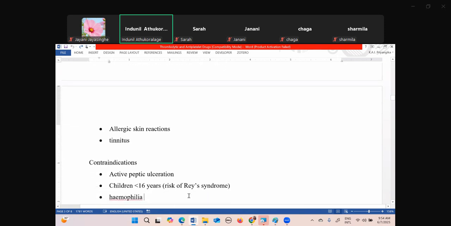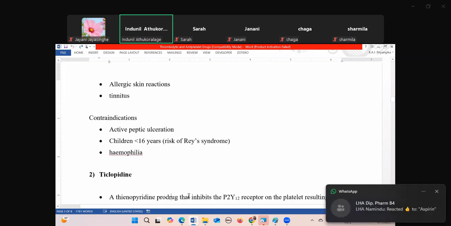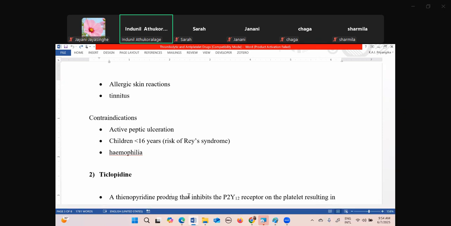Contraindications: active peptic ulcerations, children below 16 years because they can get Reye's syndrome, and hemophilia. If the patient has hemophilia, we will not give any anticoagulant or antiplatelet drug, right?